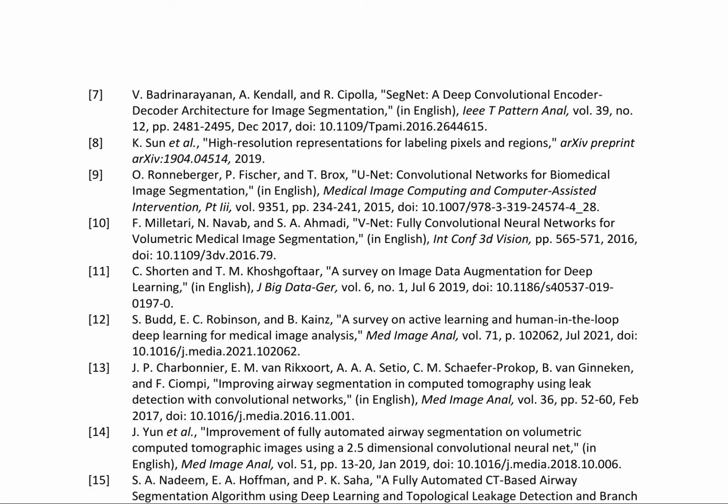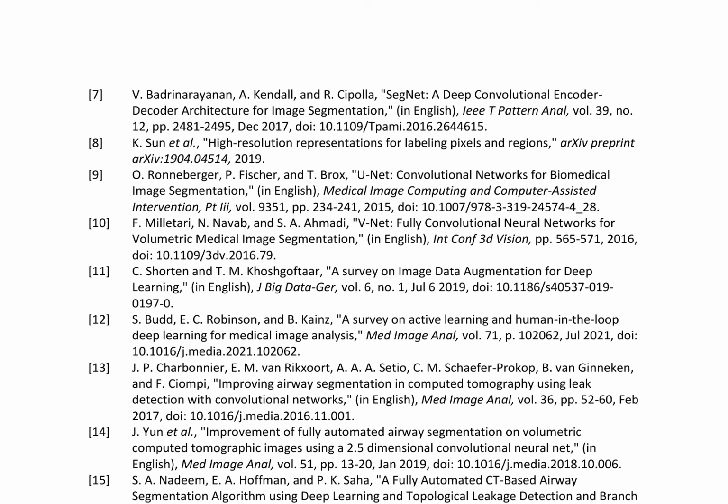Several studies focus on enhancing segmentation accuracy by incorporating various techniques, including leak detection with convolutional networks, 2.5-dimensional convolutional neural networks, topological leakage detection, branch augmentation approaches, context-scale fusion, and multiscale context information. These techniques have shown promising results in improving segmentation performance.